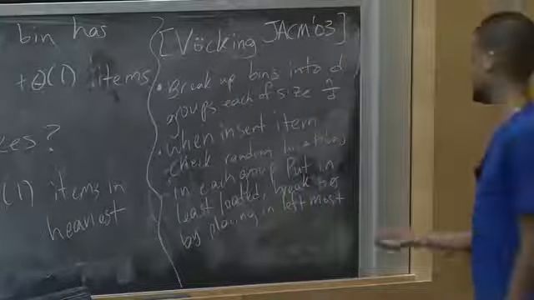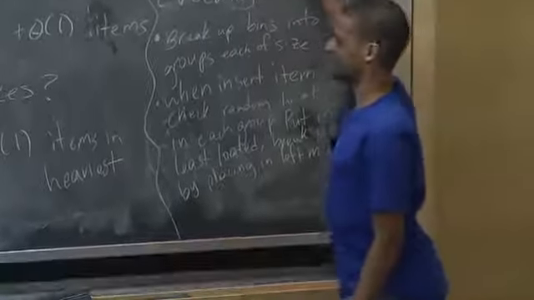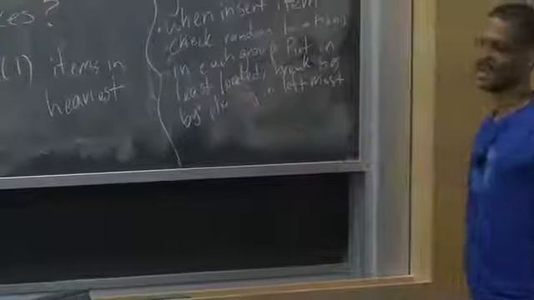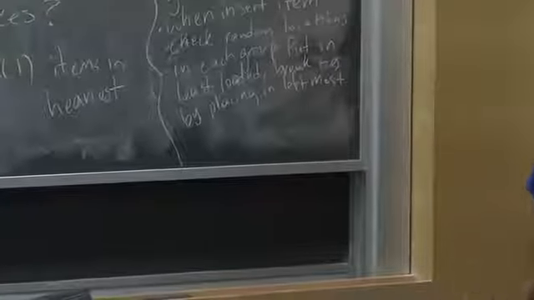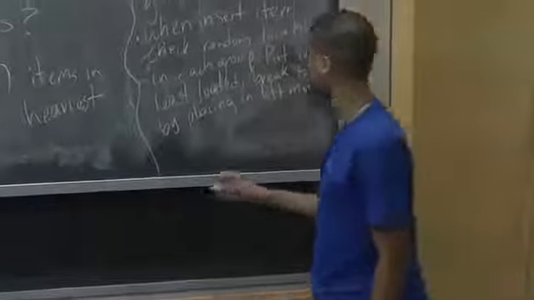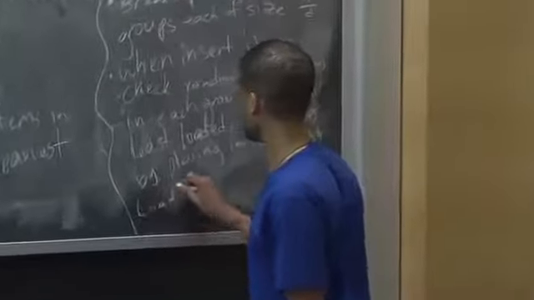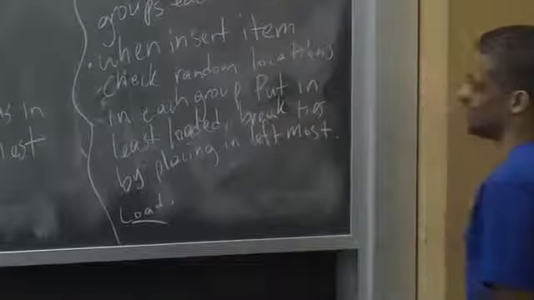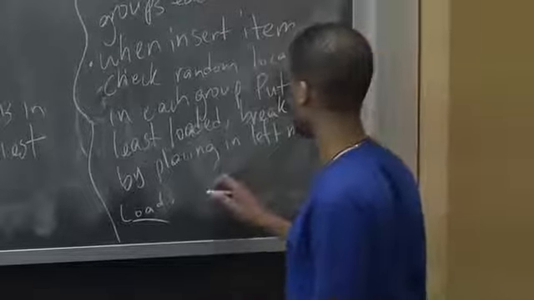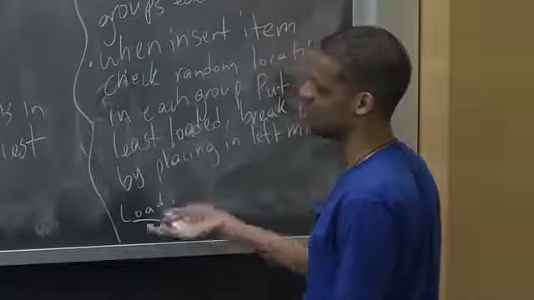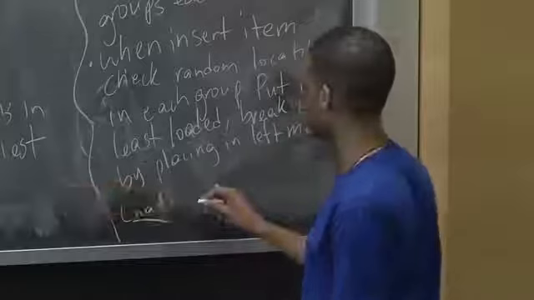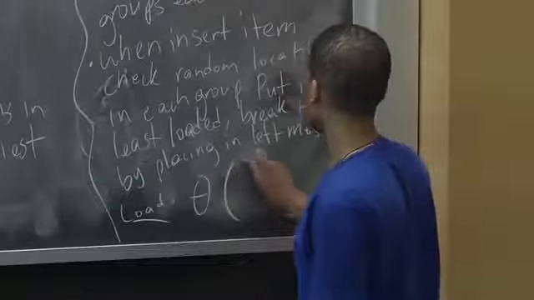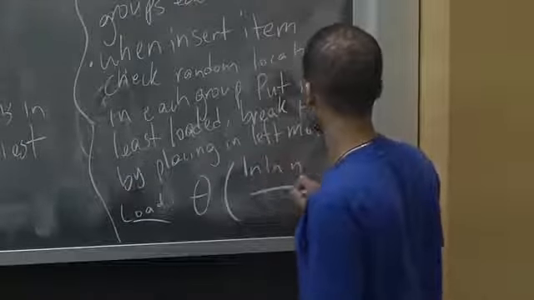And here, you could ask again, what's going to be the load of the heaviest bin? So he proves even the right constant factor, but I'm not going to bother writing that. He gets ln n over d.